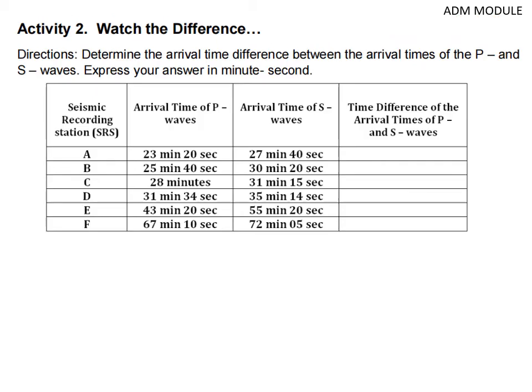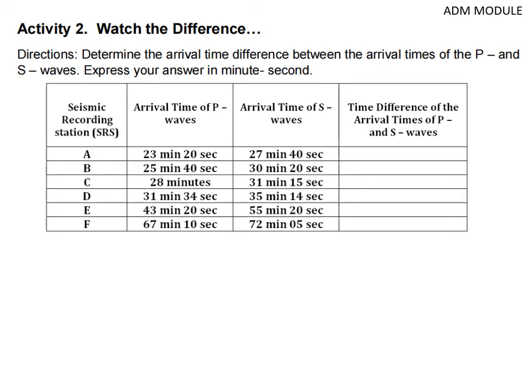Next, for activity 2, watch the difference. Basically, you just need to compute the difference between the arrival times of P and S waves. You are asked to express your answer in minutes and seconds, but I'll be accepting answers in seconds as well.